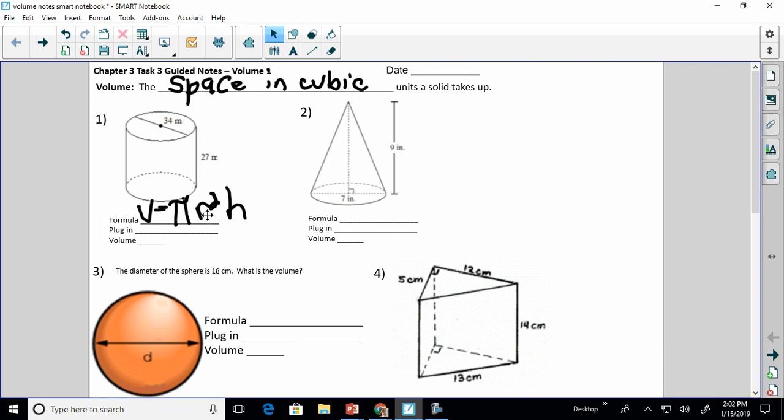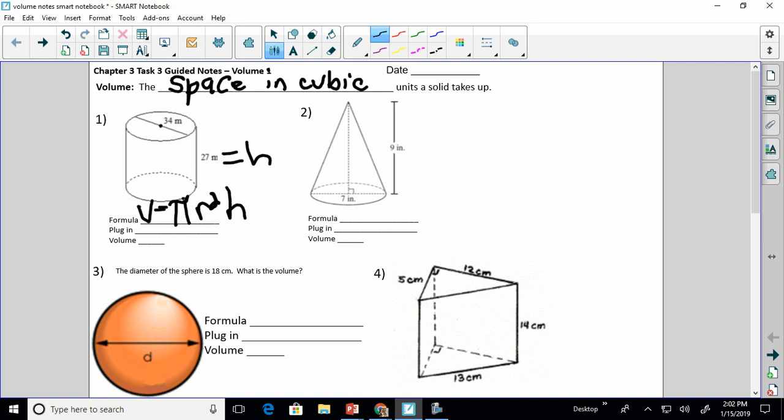If you don't know what r stands for, go back to your work on circles. R means the radius, halfway across the circle, and h stands for the height. The height is how tall the shape is standing on its base, and here it's 27. Mark that with an H.